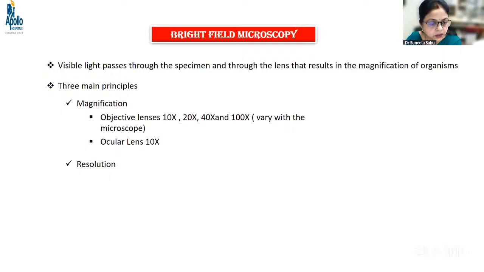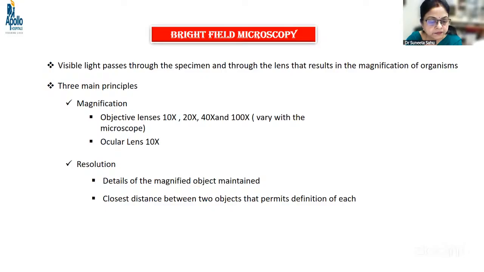Then comes the resolution. The resolution maintains the details of the magnified object. It is defined as the closest distance between two objects that permits definition of each. Meaning we can come to know whether those two objects which are very closely placed are different objects or the same object.